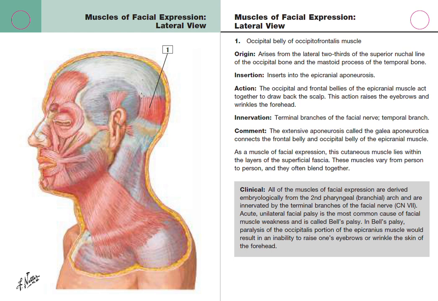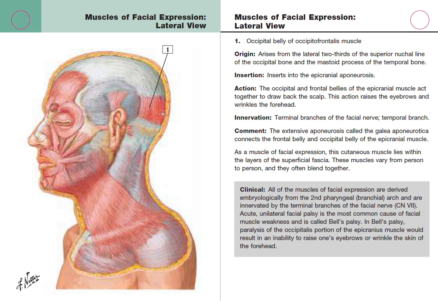Posteriorly is the occipital belly of the occipitofrontalis muscle. It arises from the lateral 2/3 of the superior nuchal line of the occipital bone over here and the mastoid process of the temporal bone. The occipital belly of the occipitofrontalis muscle inserts over here into the epicranial aponeurosis.